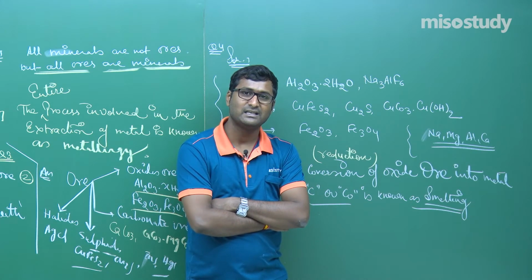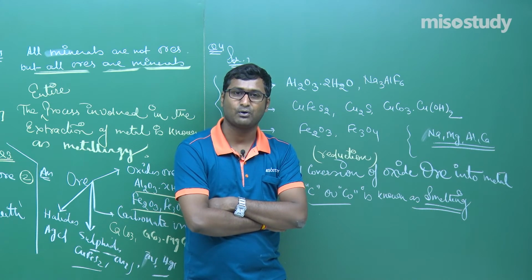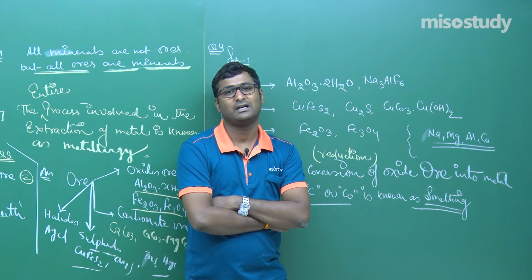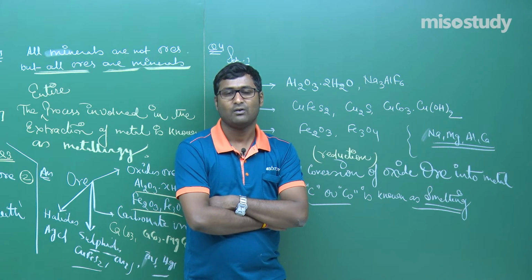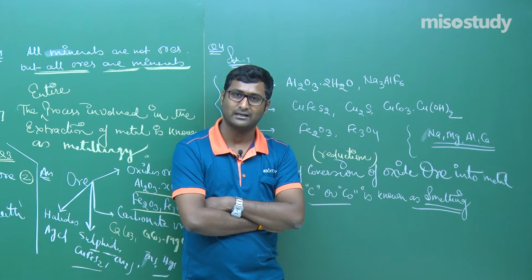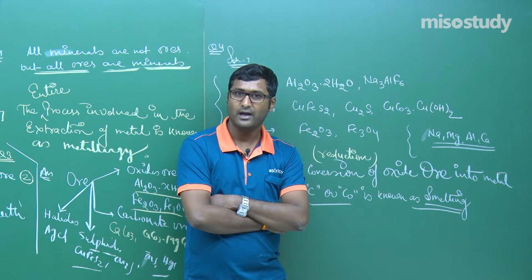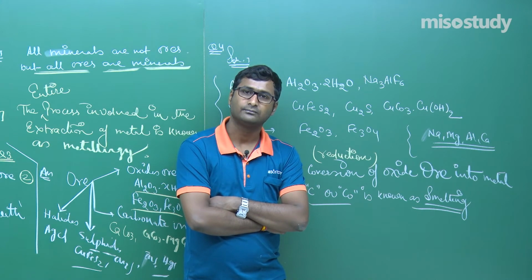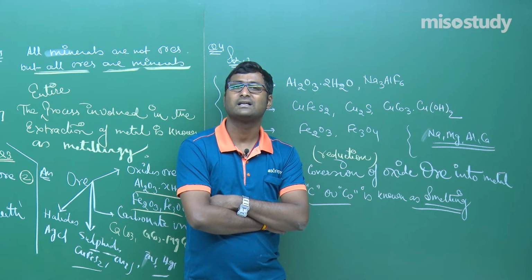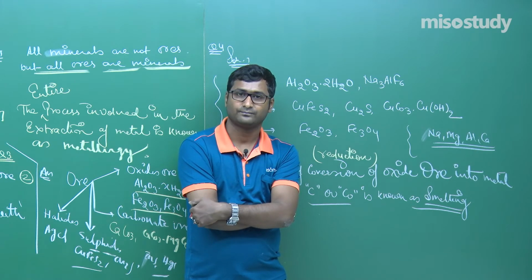Due to this reason, for highly reactive metals, the best extraction process is the electrolytic process, my friend. We take the solution, by passing electricity we get the metal. I have discussed in electrochemistry also, if you want to get sodium, then what to do? We have to take molten NaCl.